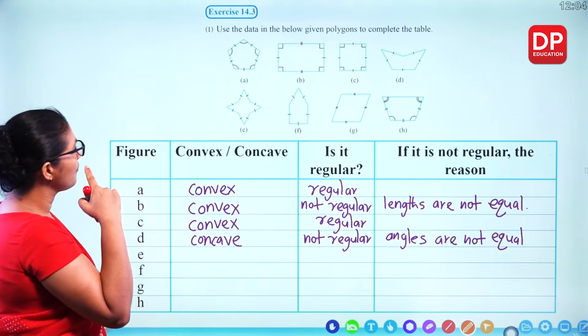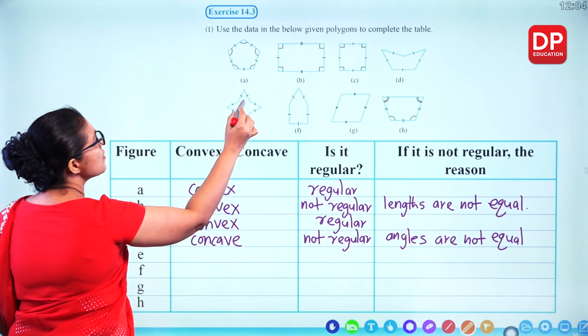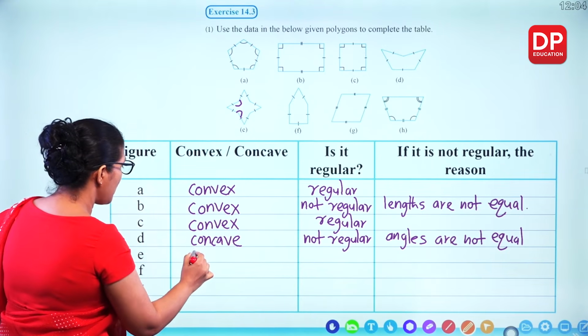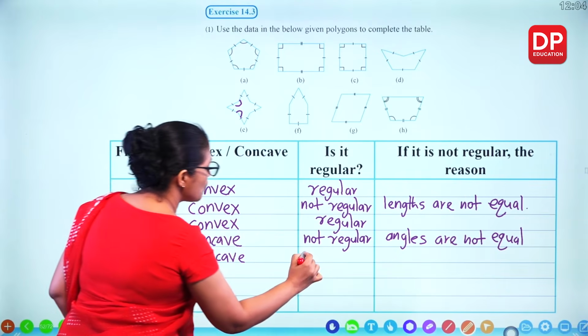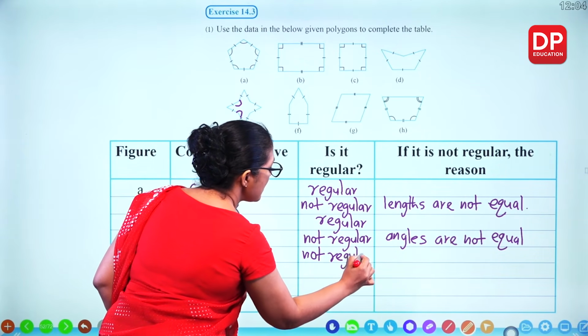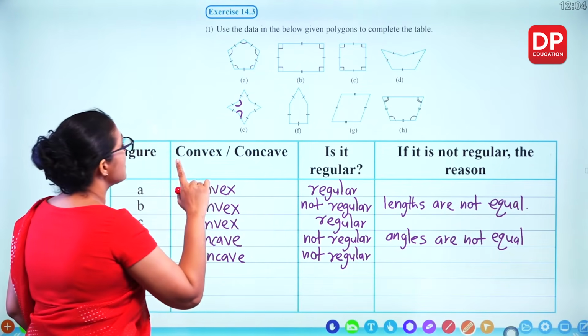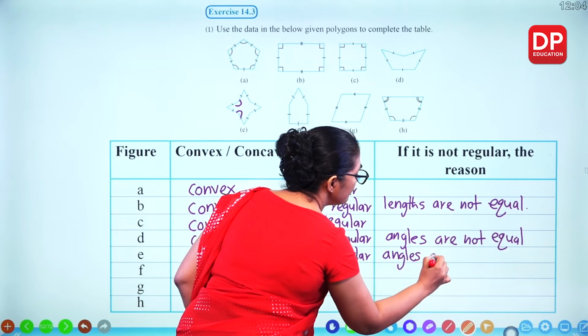This one, all sides are equal and you get reflex angles as well. So that's concave. So not regular. Angles are not the same, even though all sides are equal, angles are not the same.